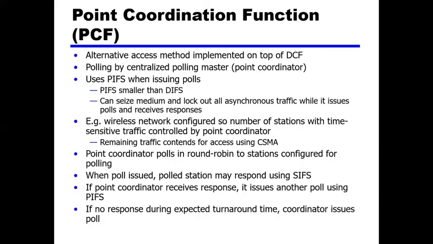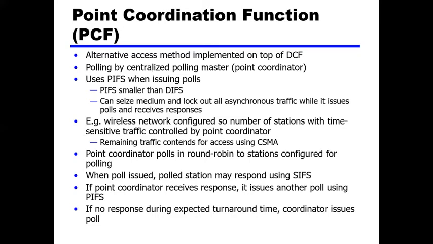Point coordination function is an alternative access method implemented on top of the DCF. Polling is done by a centralized polling master, the point coordinator, which uses the PIFS when issuing the poll.